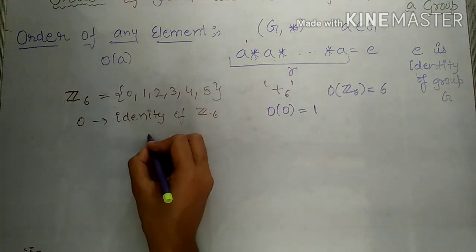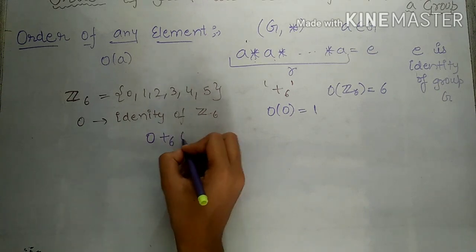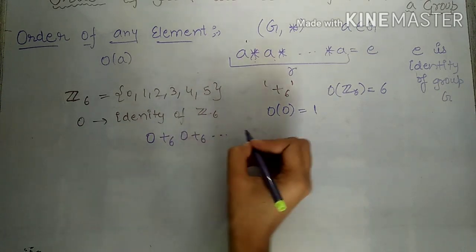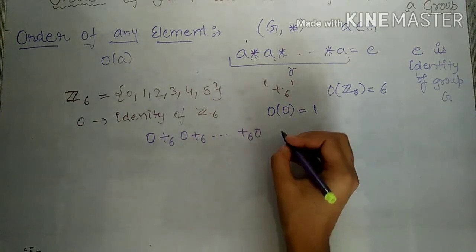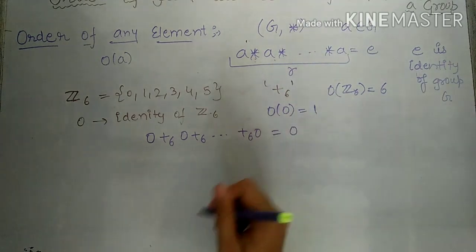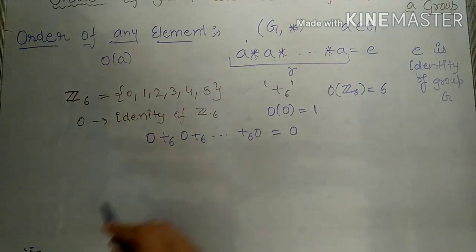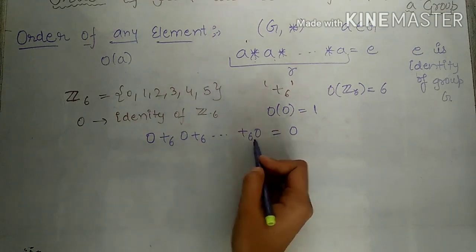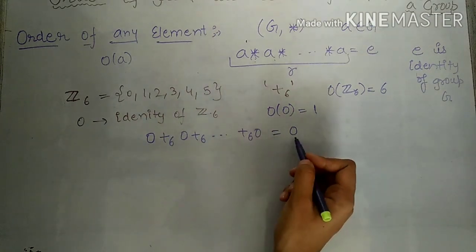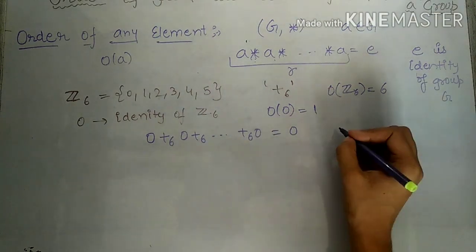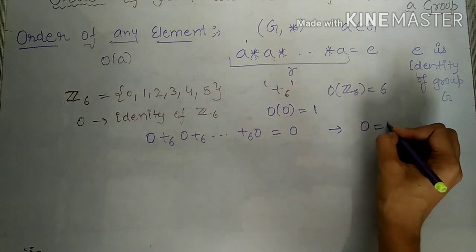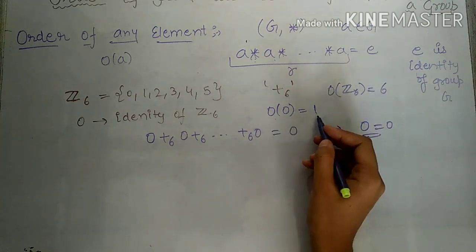Because what is the least number of times 0 has to be operated with itself under this operation so that it comes out to be 0? It is only one time, because 0 is equal to 0. So the order of 0 is 1.